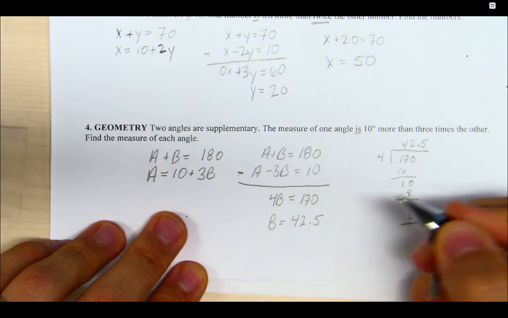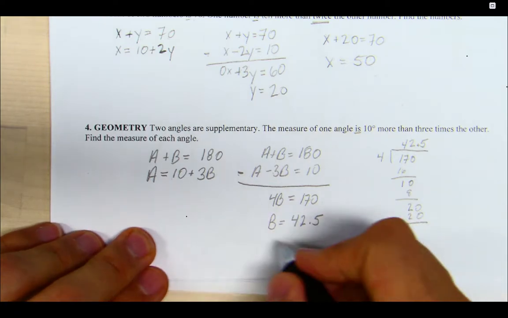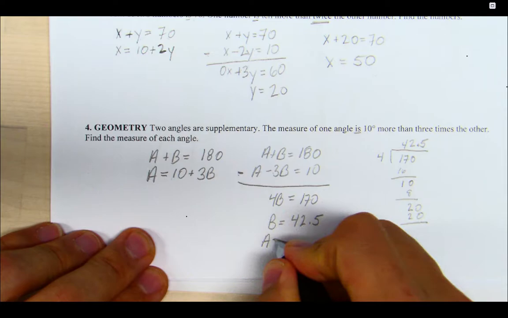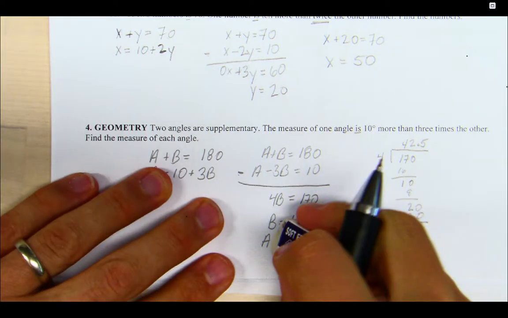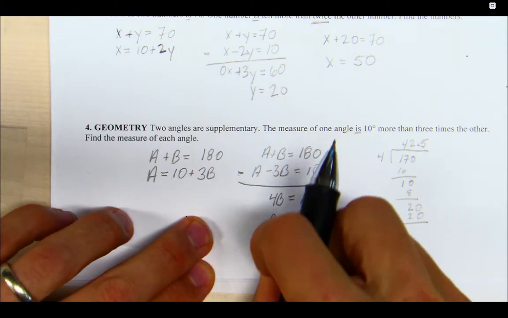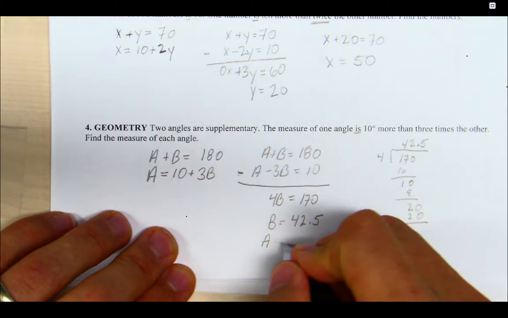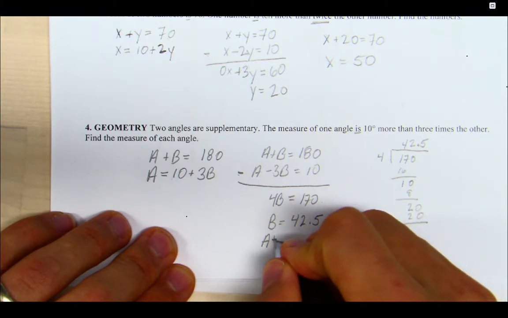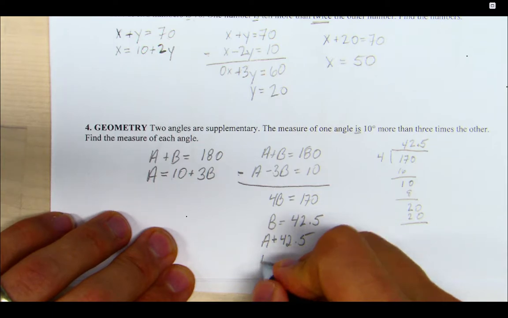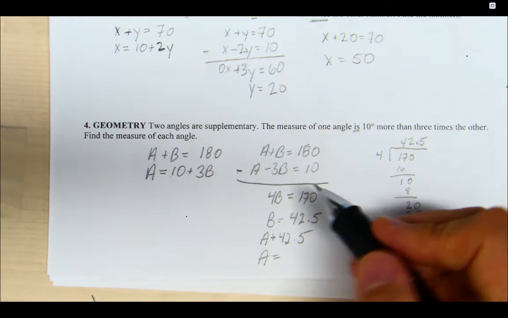42.5, which means, oh, now I'm going to have to subtract decimals. That's hard too, but I can handle it. A is going to equal, oh sorry, here, A is going to equal, I think I'm going to use this one instead, right, because it's easier, plus 42.5.